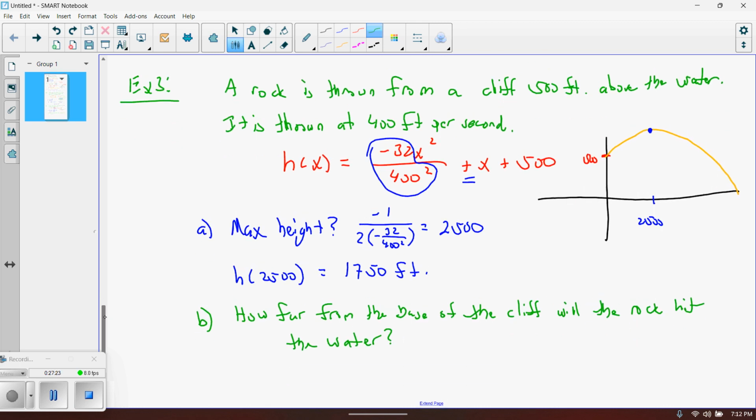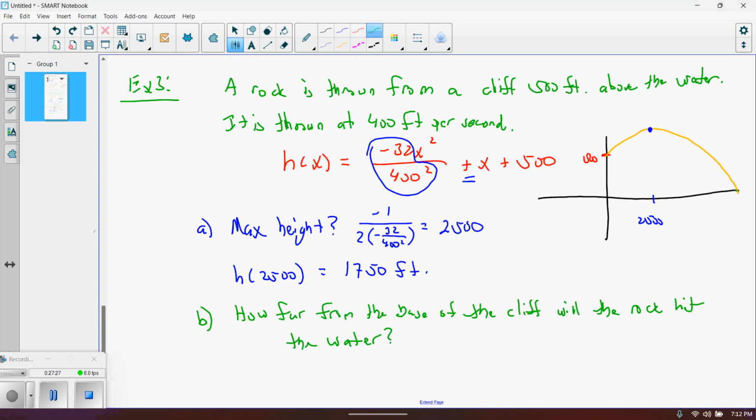And if we want the rock to hit the water, so we're talking about this distance out there, we want to know the x distance. We want to know how long this thing went from here to here before it hit the water.